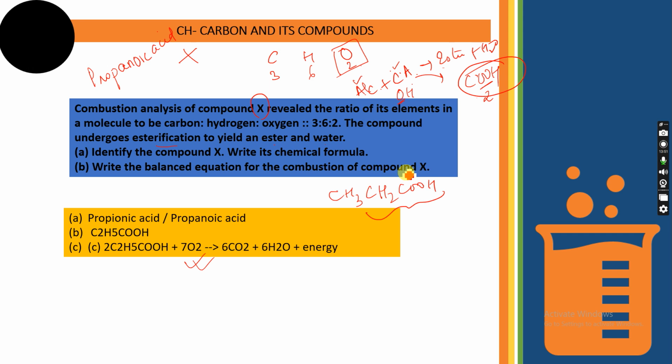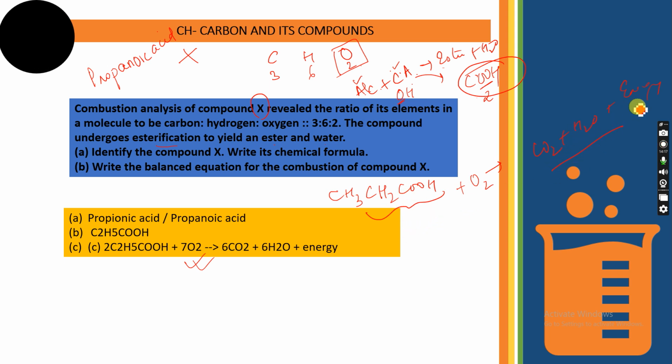And this is the balanced equation. Anything where combustion is given, that means oxygen is added, and when combustion occurs you'll get carbon dioxide plus water plus energy. That's the basic equation. The byproducts are always carbon dioxide, water and energy. This is an organic compound, so you'll always get this.